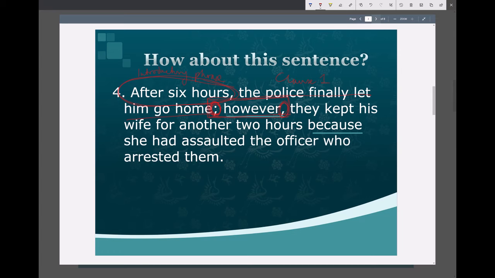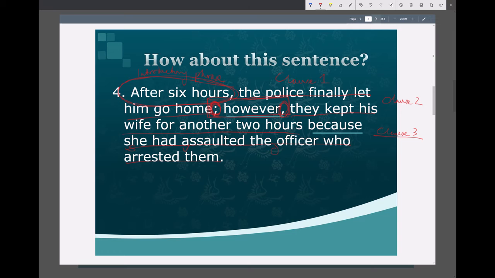And here's why. You have clause 2, they kept his wife for another 2 hours, so that's clause 2. So now we have a new clause right here. So clause 3, you have she, that's the wife, subject, had assaulted, that's the verb, and object, the officer, who arrested them.